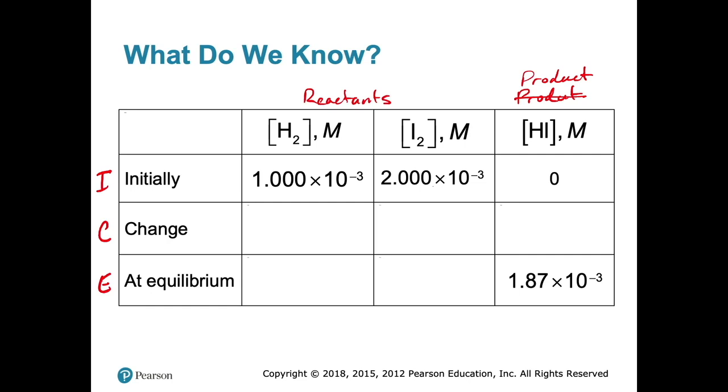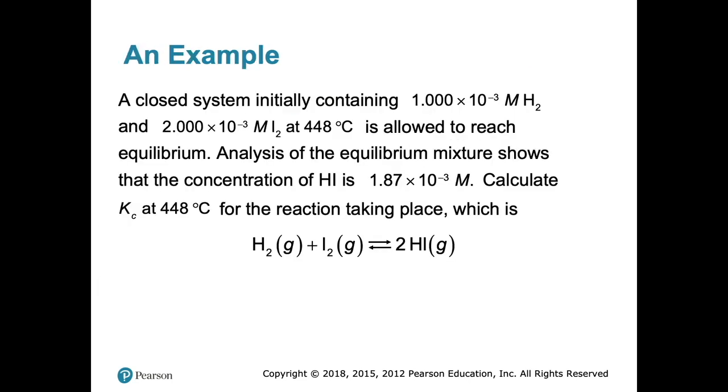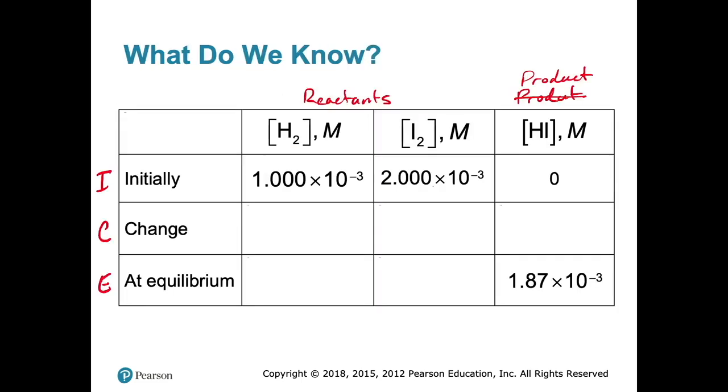The way we fill out this ICE table is we fill it up with the things that have been given to us. So we go back to our problem. It tells us that the initial concentration of hydrogen gas is 1 times 10 to the negative 3, and the initial concentration of iodine gas is 2 times 10 to the negative 3. So that's what we put there.